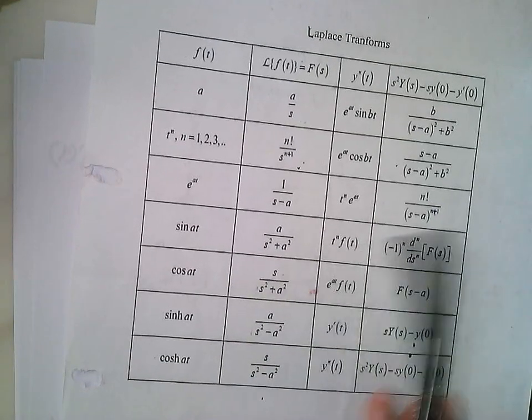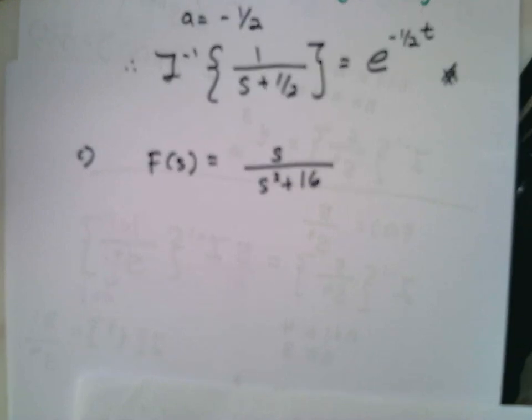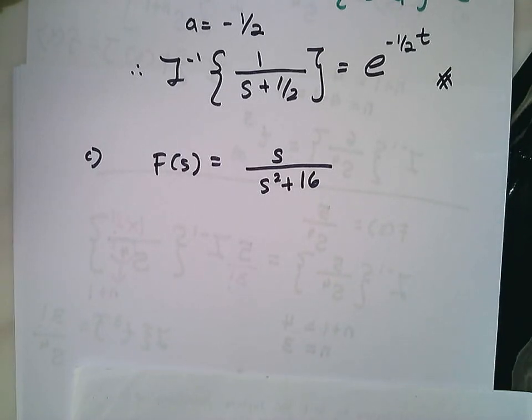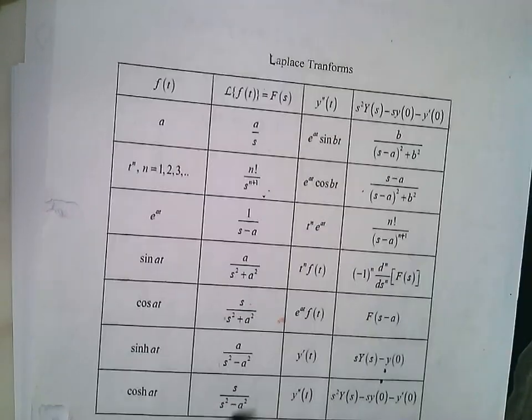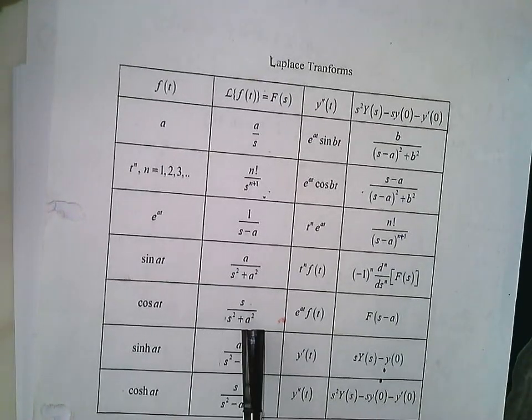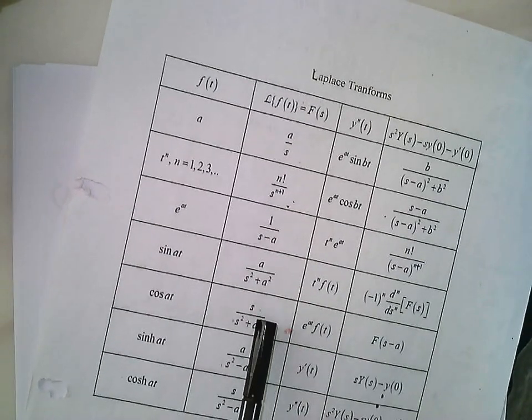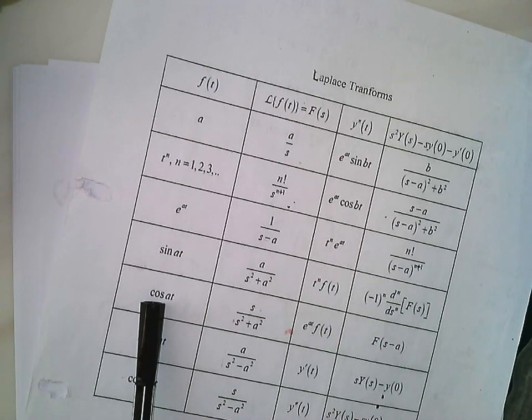By comparing what you have here, you have s over s squared plus 16, so you are going to choose s over s squared plus a squared. Generally, the inverse of s over s squared plus a squared is equal to cos at.